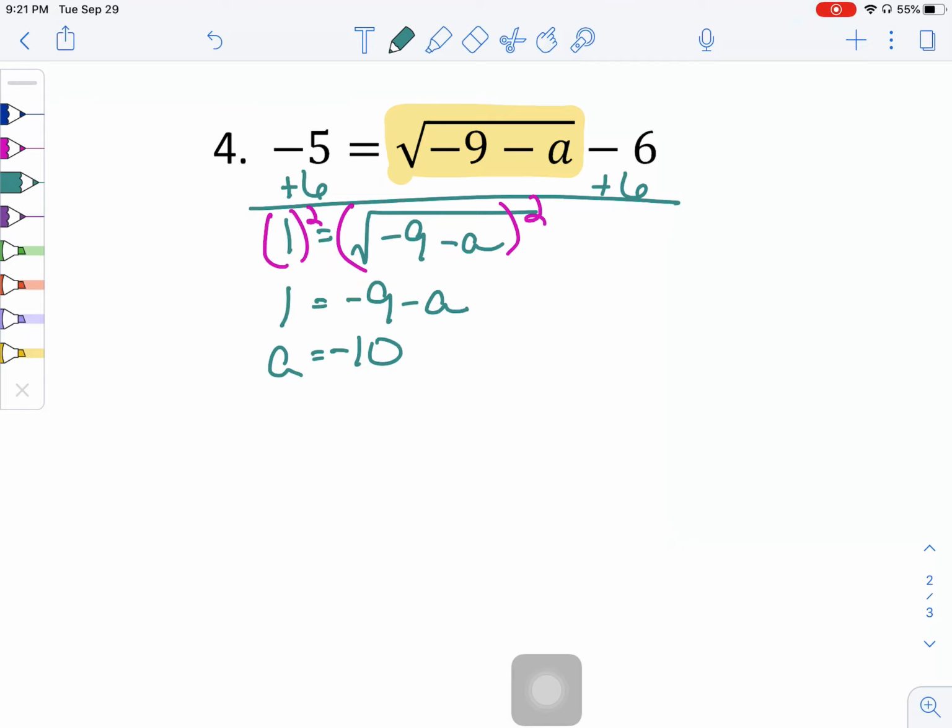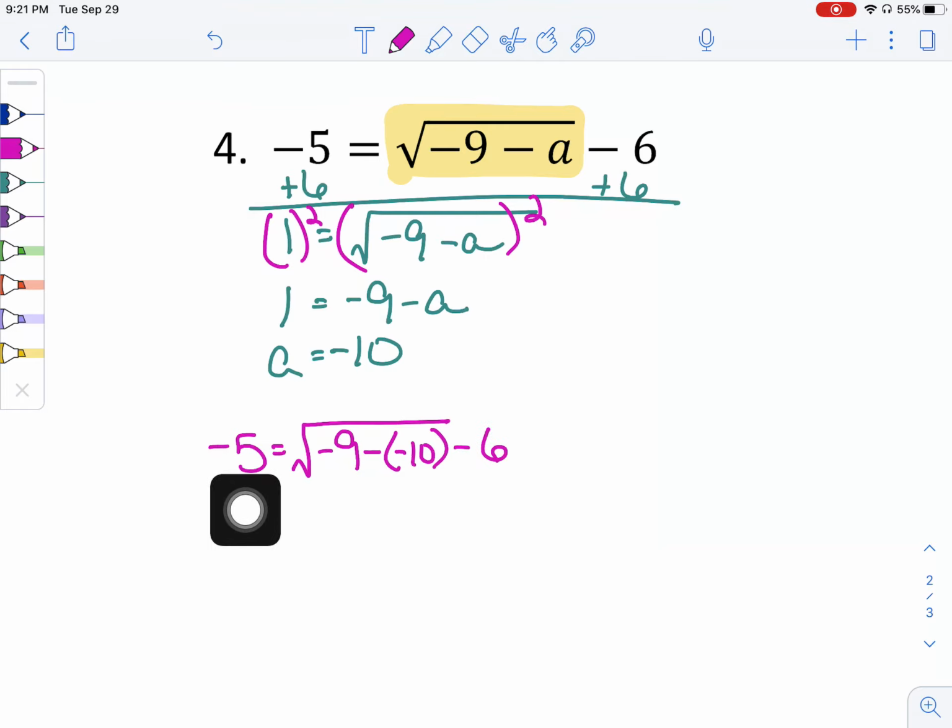And again, hopefully the little voice in your head is already starting to say, well, maybe. We need to check it. So we've got negative 5 equals the square root of negative 9 minus negative 10. Be careful with all these negative signs, okay? Clearly negative 5 is negative 5, right? There's nothing to do there.